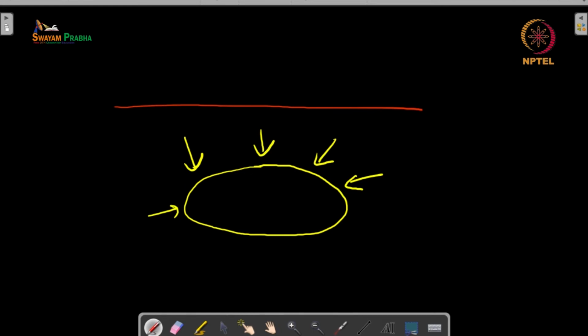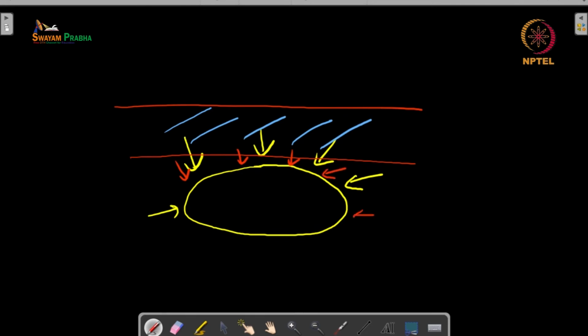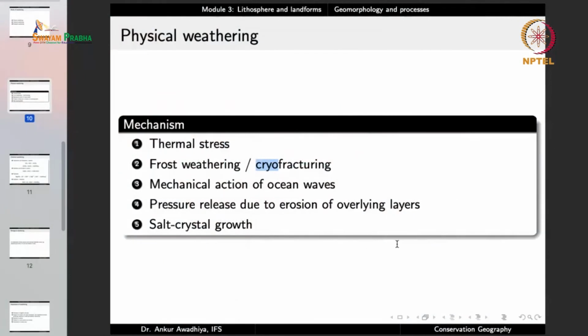Now, later on, if the top portion of the soil gets eroded, so now this soil is removed and now only this much amount of soil remains. Now, in that case, the pressure that is now being exerted on the rock will be lesser. So when the pressure is less, the rock will tend to increase in size. Its size was limited by the pressure, and so when the pressure is released, the rock will try to increase in size, and because of that, there will be fractures that get developed in the rock. This is another mechanism of physical weathering.